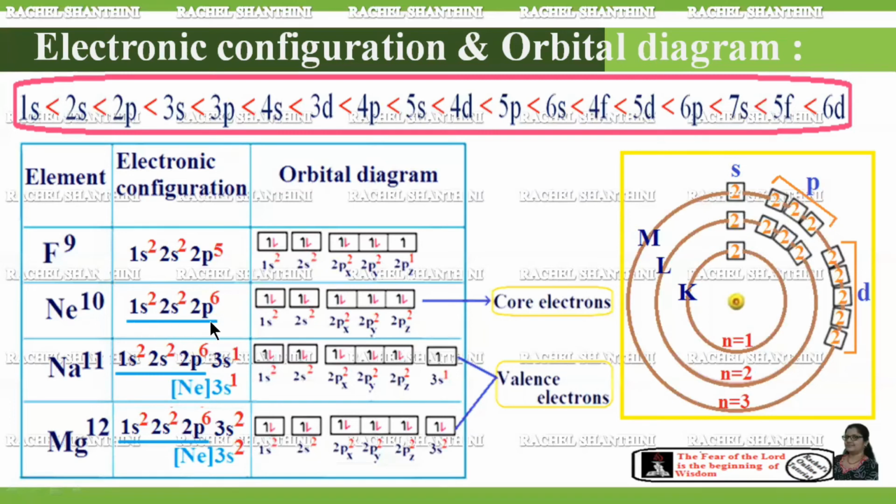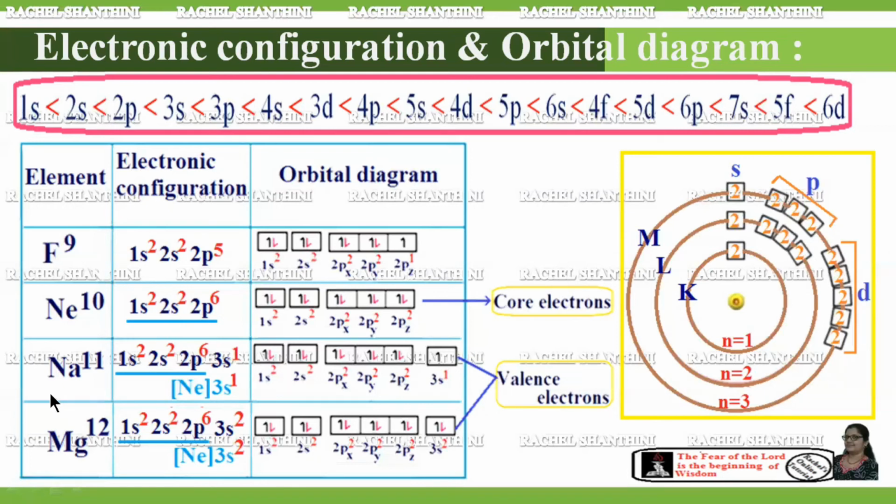When you look at the electronic configuration and the orbital diagram for neon, here all the electrons are completely filled, right? The electrons in the completely filled shells are known as core electrons. So far, we have completed the electronic configuration of the first 10 atoms.